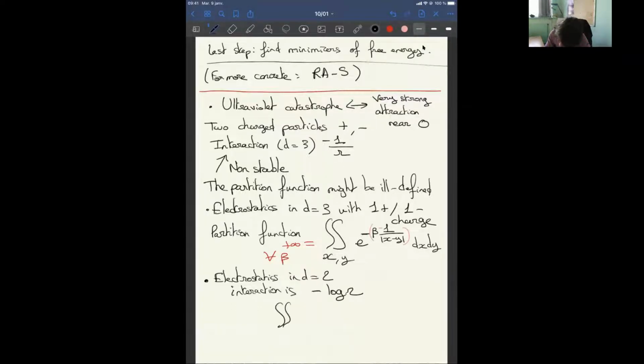And the partition function becomes e to the minus beta. And now it's a plus because they like each other.